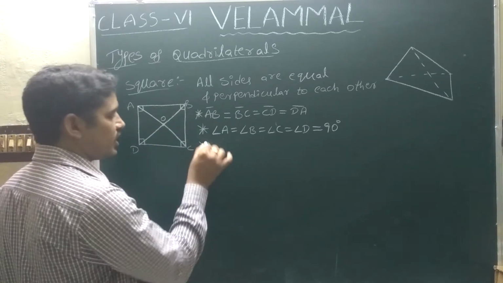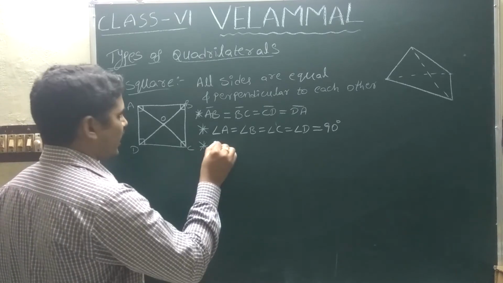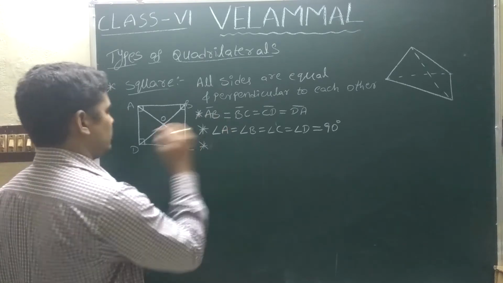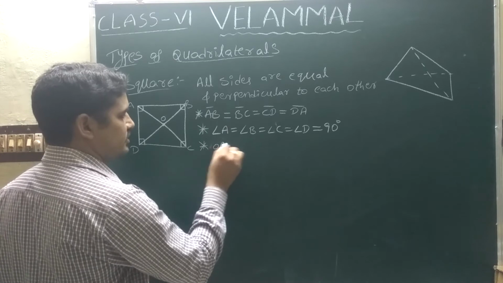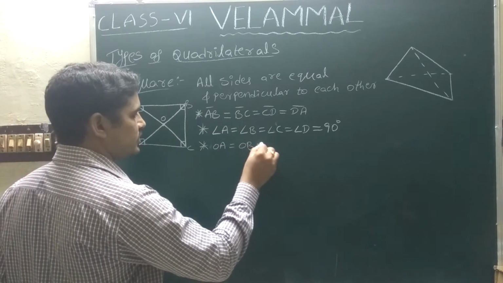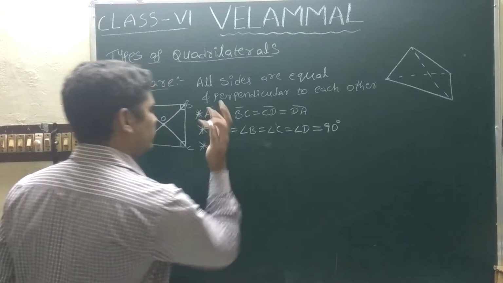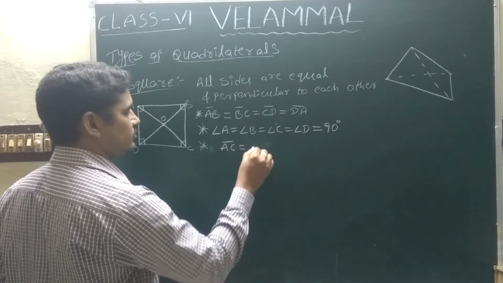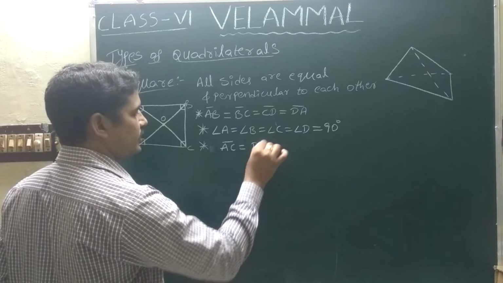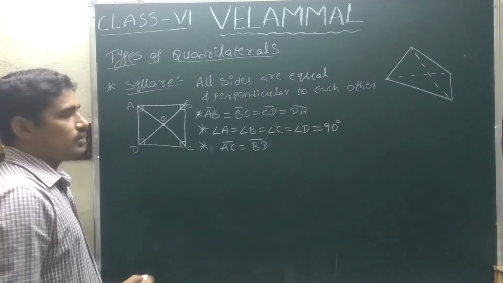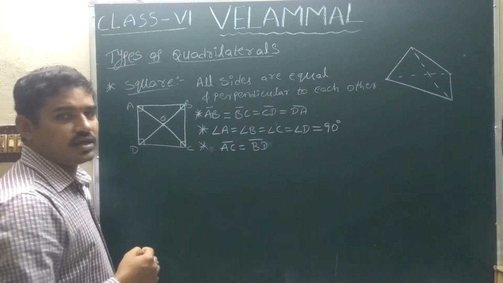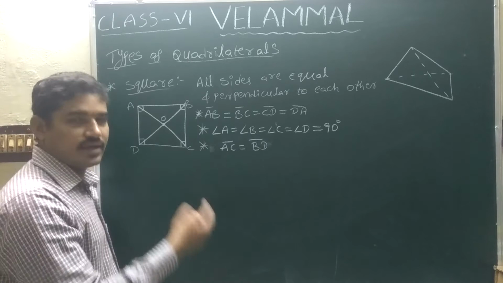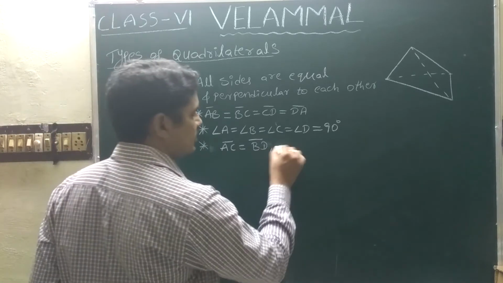Also, the 2 diagonals we are drawing are equal too. AC is equal to BD. The 2 diagonals of the square are equal and bisect each other.